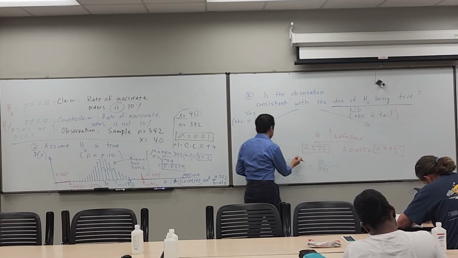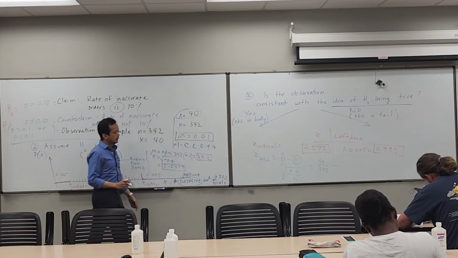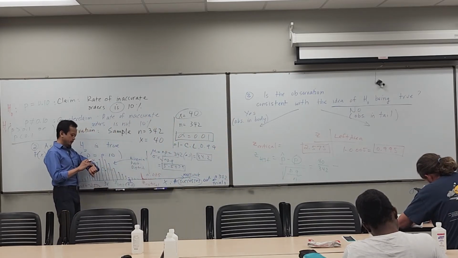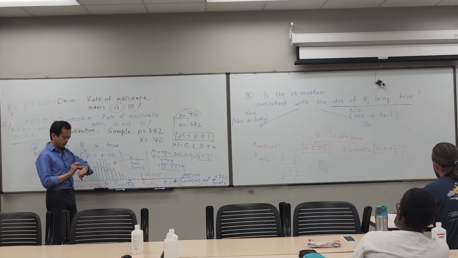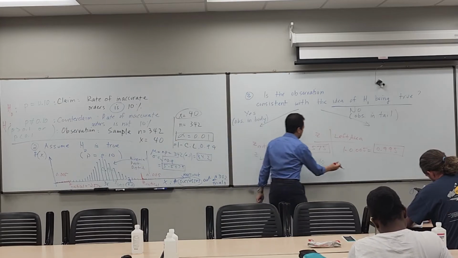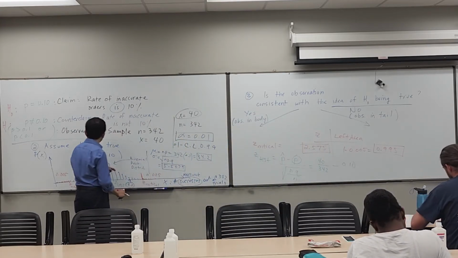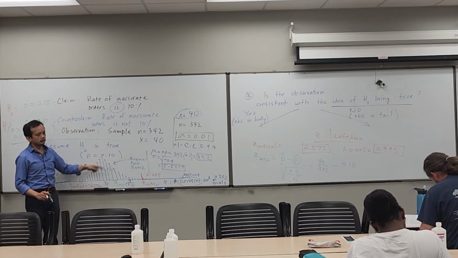And then minus P, which is the true P for the entire population, the entire restaurant. So what would that be here? 0.1. Yeah, good. So because in step 2 of hypothesis testing, we're assuming that P really does equal 0.1.